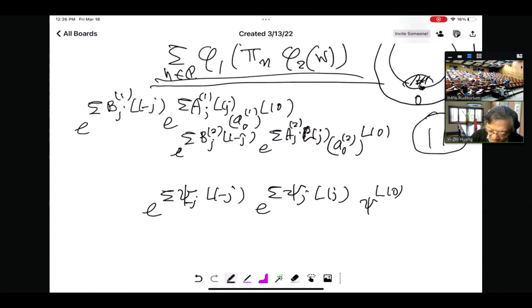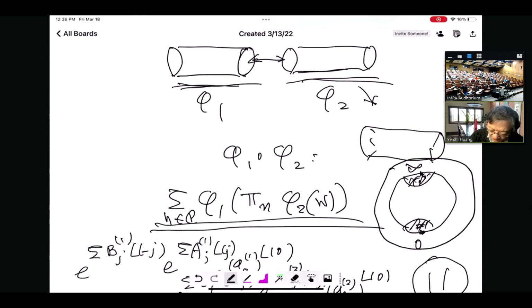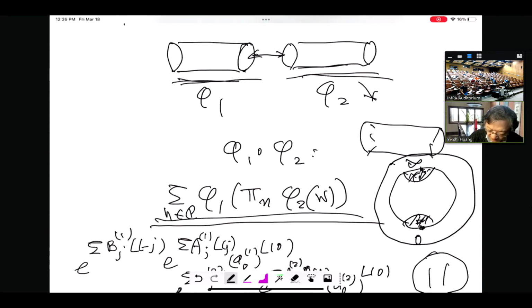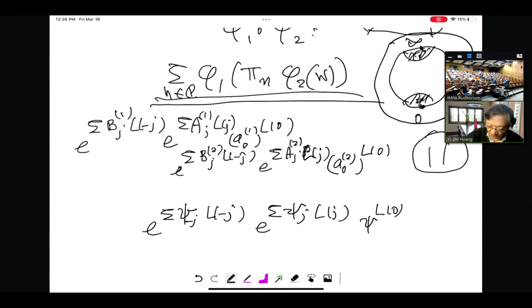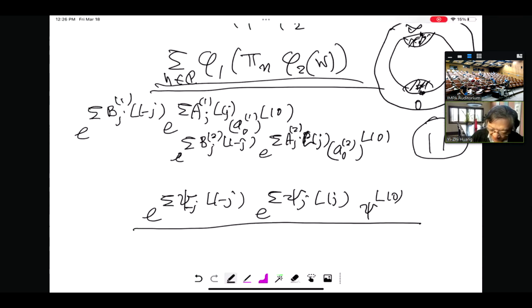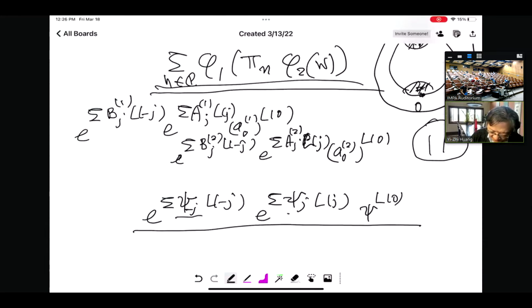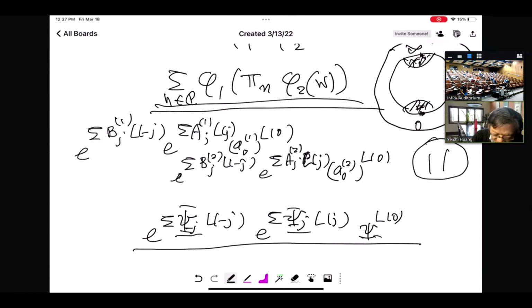Okay, so after you use the uniformization, you actually get this surface because these two surfaces are conformally equivalent. They should correspond to the same operator, so you get this. Now, these psi j and a small psi, I should write this as a capital, it doesn't matter. Okay, so these psi, they are actually functions of these bj and aj. They are functions of these things.